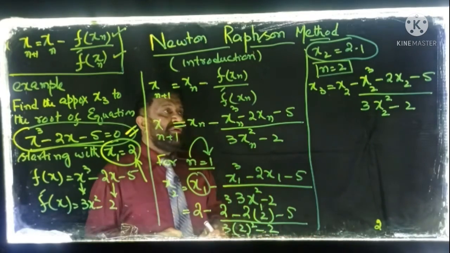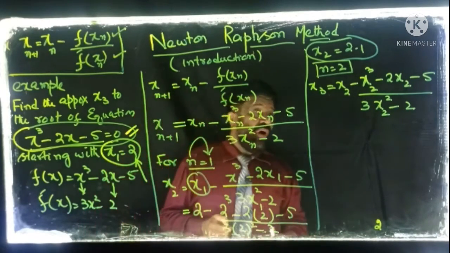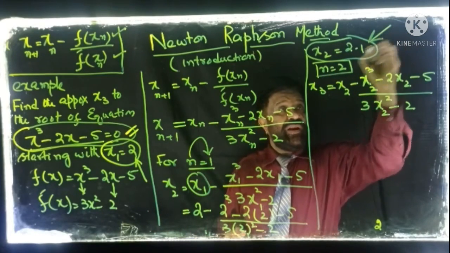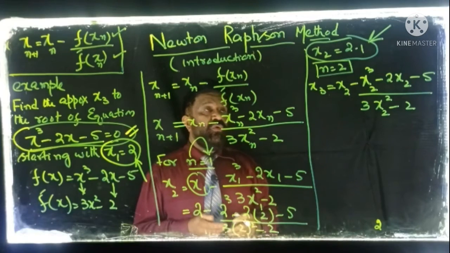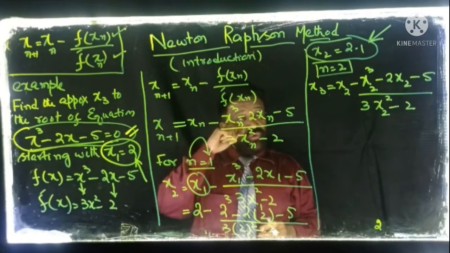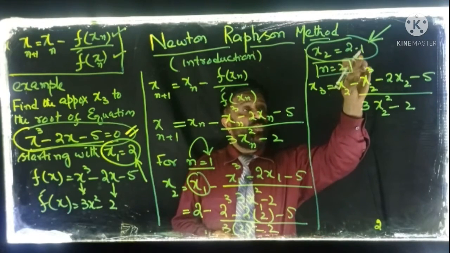Now the value of x2 is 2.1. So where x2 is written, instead of x2 write 2.1.